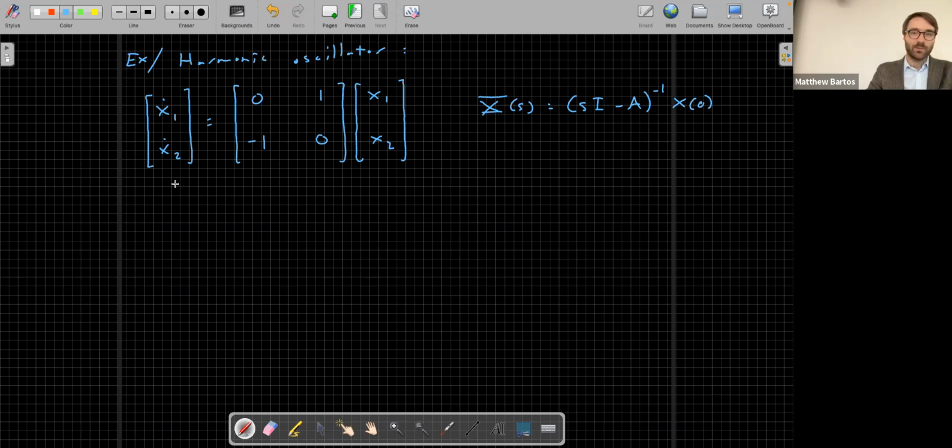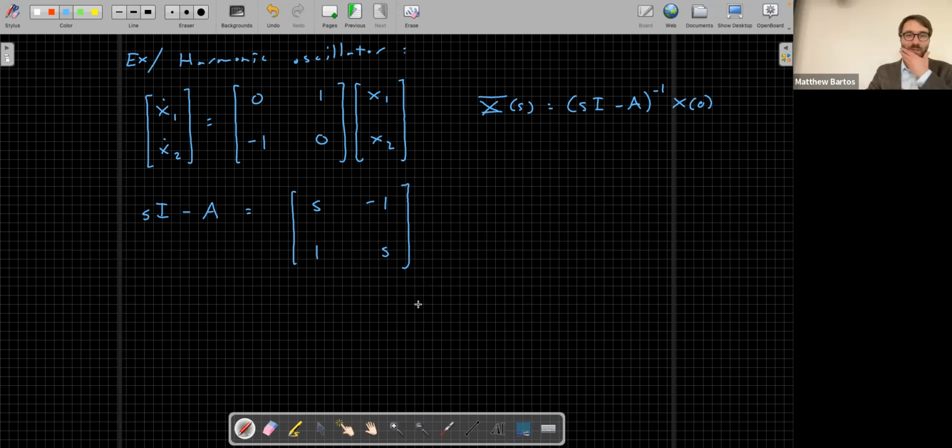Okay, so first let's look at sI minus A. What'll the first element be? s. Second element? -1. Third element? 1, and this will be s, right?